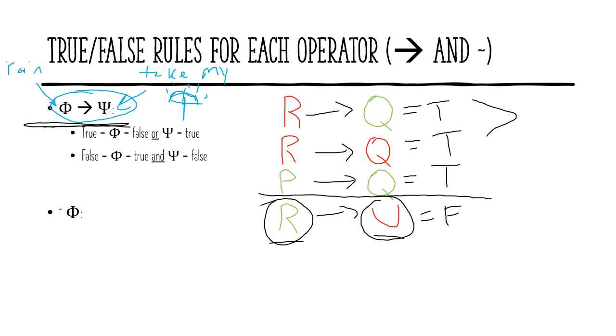So, if it rains, I'll take my umbrella is true as long as it's either not raining, or if it is raining, I end up taking my umbrella. But it's false if it is raining and I didn't take my umbrella. That's what we're trying to get at here with the conditional.